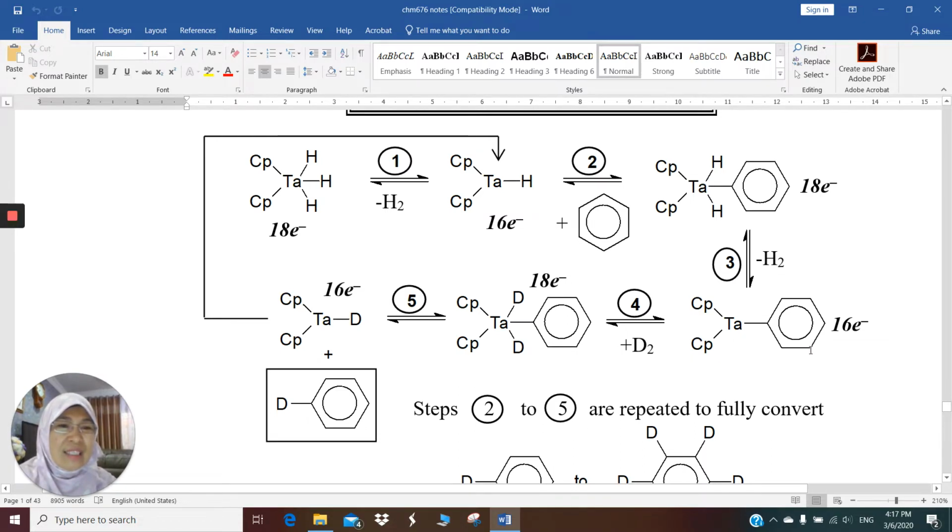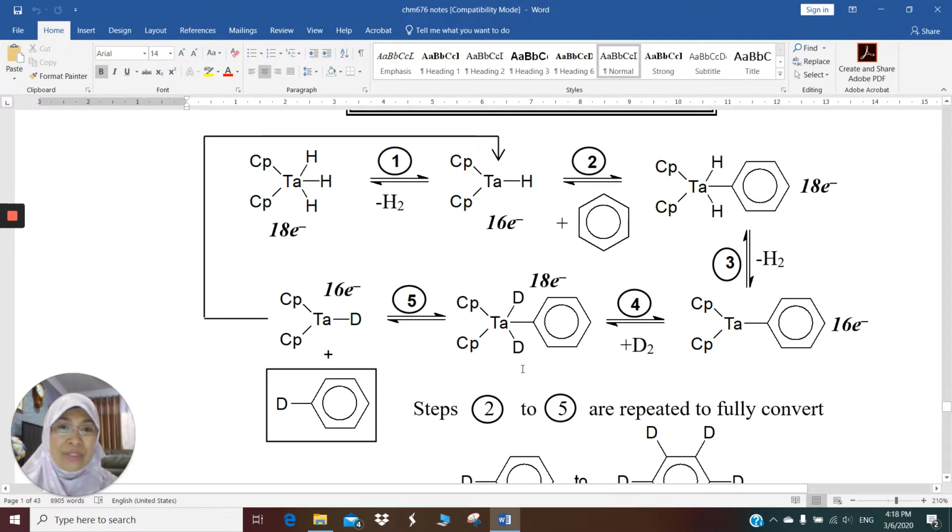With this insufficient electron count, deuterium can go in. Now, deuterium is the desired thing in the reaction that you want to carry out. So the deuterium goes in.